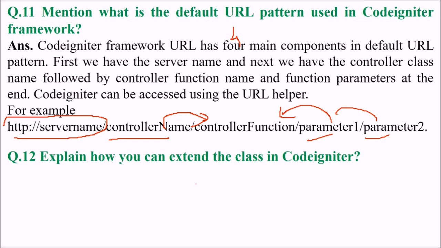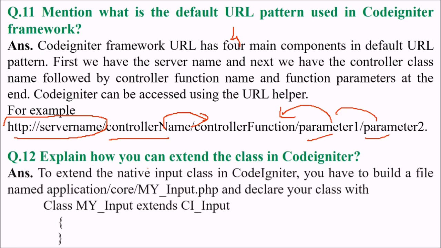Explain how you can extend a class in CodeIgniter. If you look at the model file and the controller file, you'll see there is a class which is extended by CI_Model and CI_Controller.